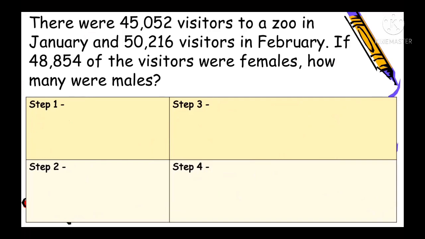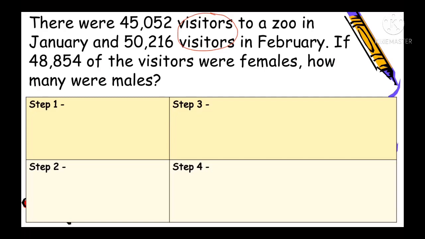If 48,854 of the visitors were females or women, how many were males or men? Is it tricky? No. Okay. Here you can understand visitors. These are the combination of male and female. Okay, so we can identify the male and female here. So we need to find here first the given.